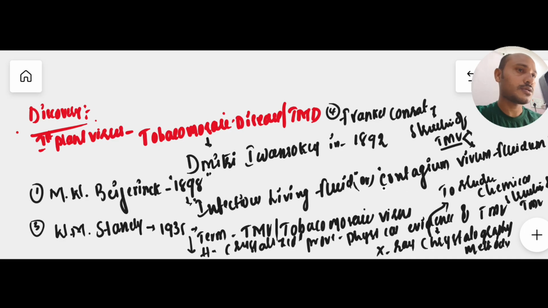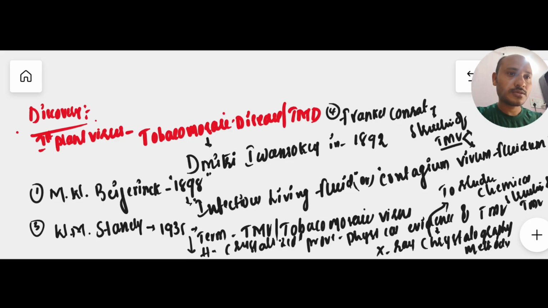Important point: all these four scientists, Dmitry Ivanovsky, M.W. Beijerinck, W.M. Stanley and Frankel Conrad, worked only on a plant virus, which causes tobacco mosaic disease in plants.